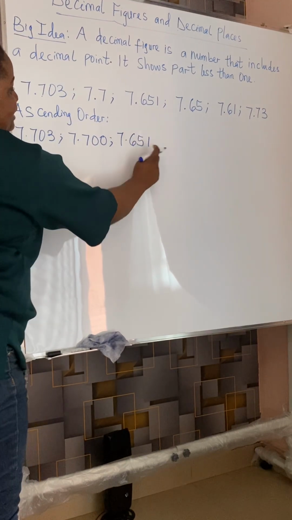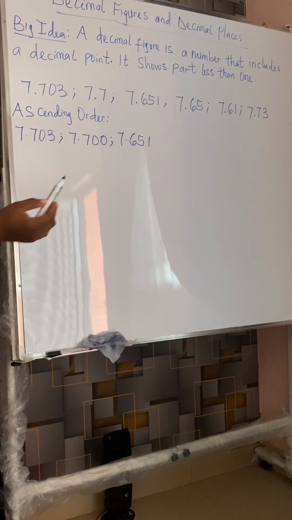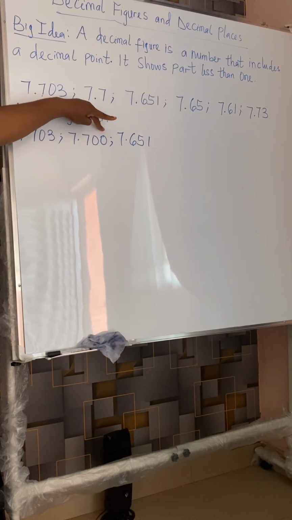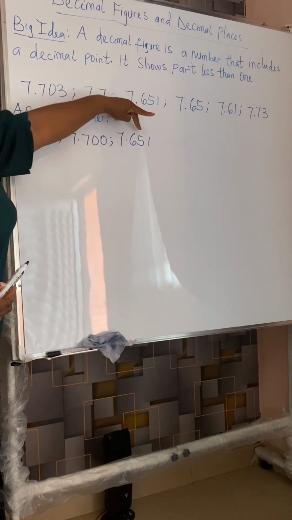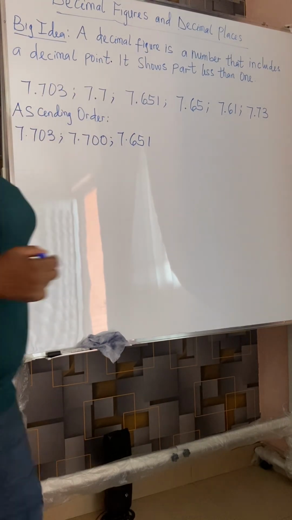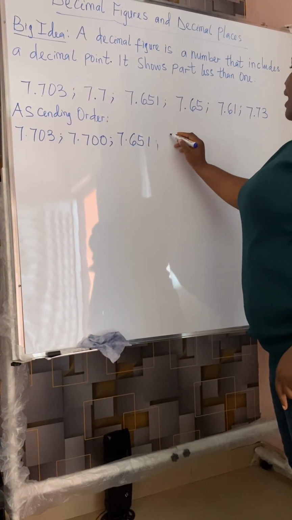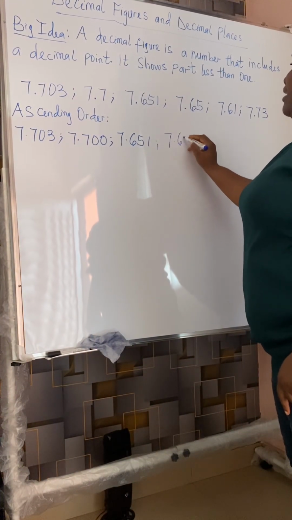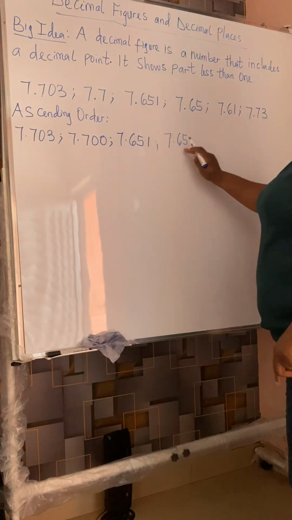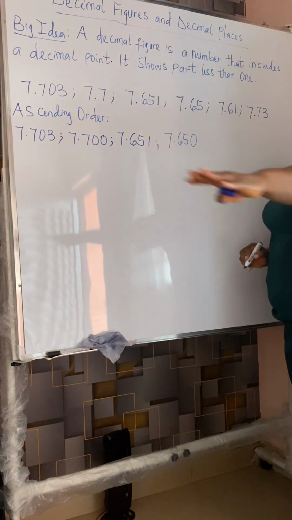All right, and this is 7.651, 3 decimal places. You can see 1, 2, 3 positions after the decimal point. See where I am. All right, next we have this. I have 7.65, but because there are 2 decimal places here, I'll just add a 0 so that it will be uniform.